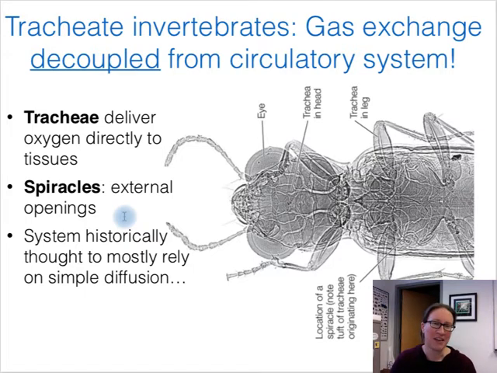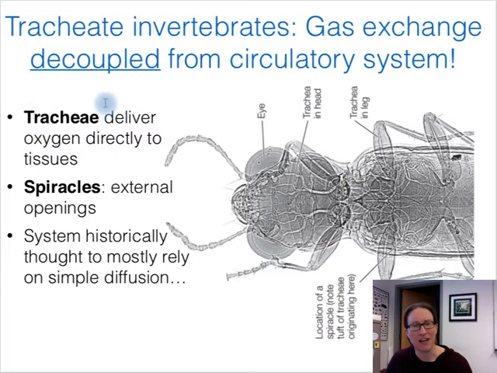These guys do not follow the full pattern of bulk flow or convection, diffusion, convection, diffusion. Instead, they simply get gases to tissues through the tracheal system. So it's a one-step process instead. The major structures that do the oxygen delivery are referred to as the trachea, or tracheae, as you see here, plural.